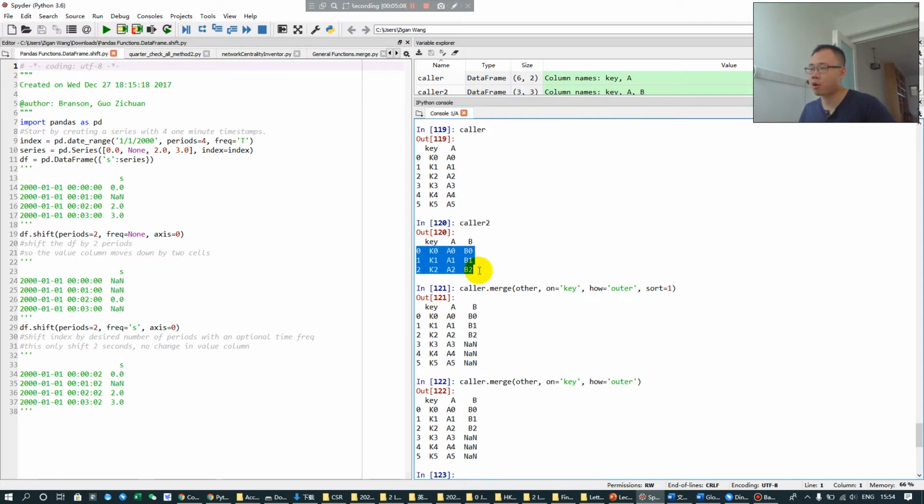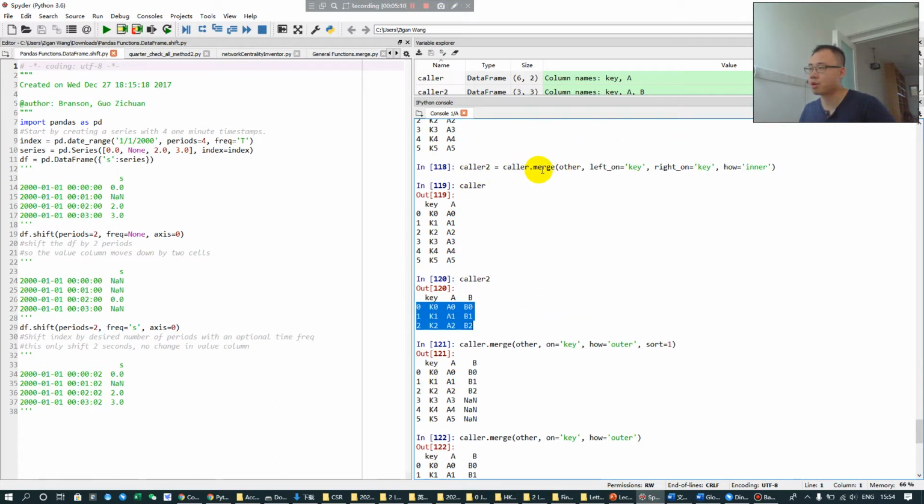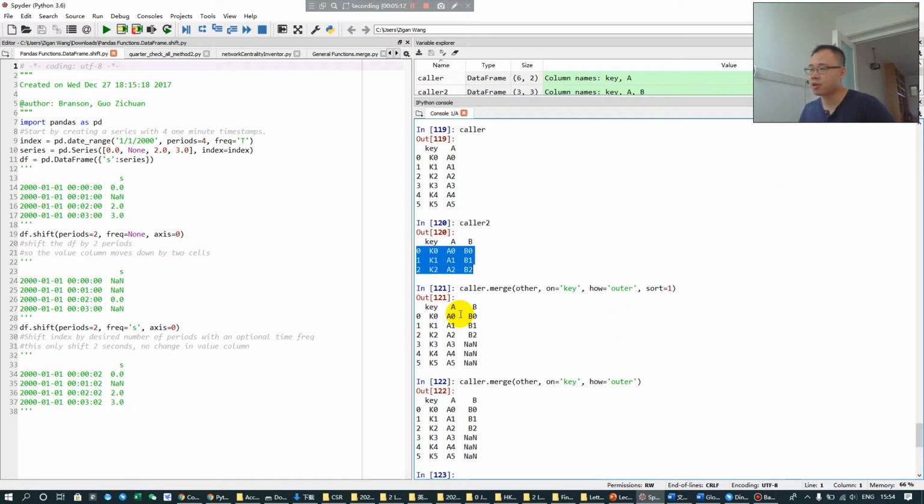So the inner part, if you merge the two data frames by inner, then this part is retained.